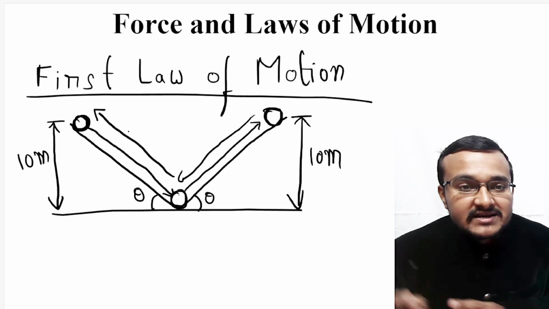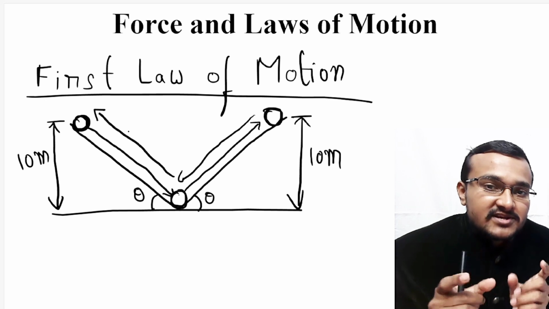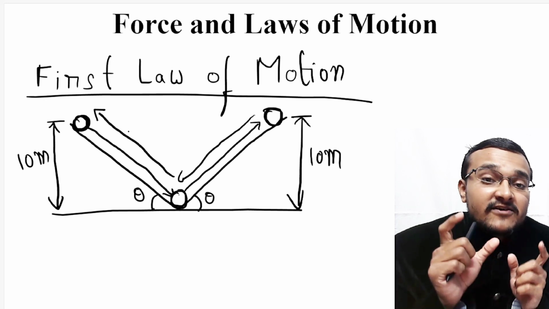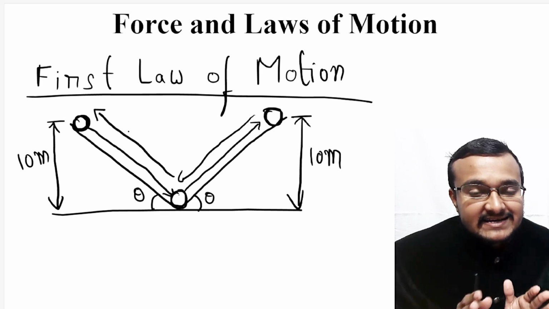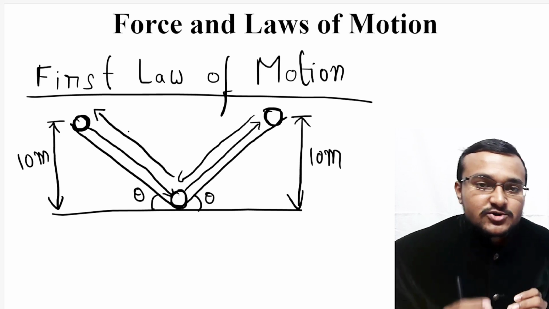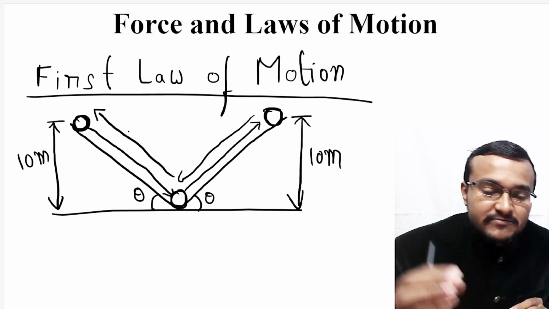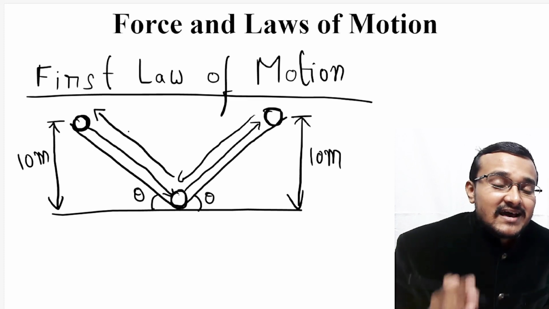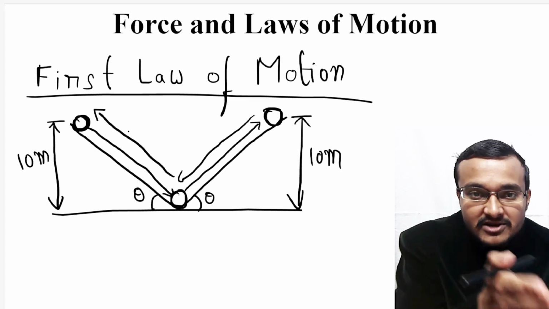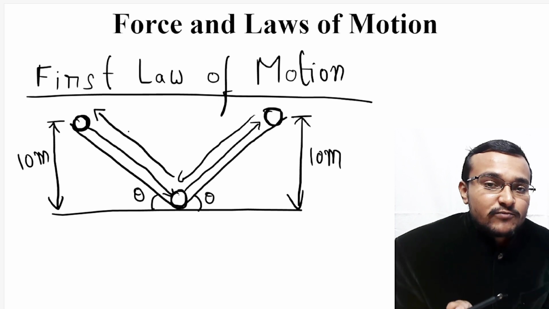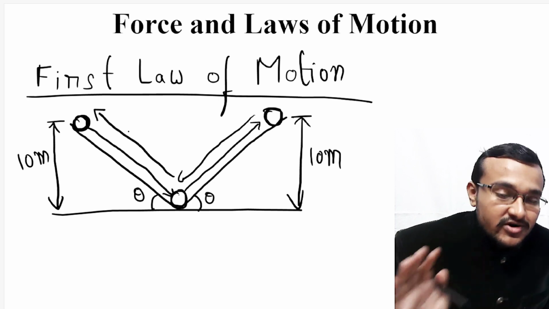This process will continue if the surface is frictionless, that means no frictional force should be acting on the marble. Only then will this process keep continuing, unless and until an external unbalanced force is applied on the marble to bring its state of motion to rest.